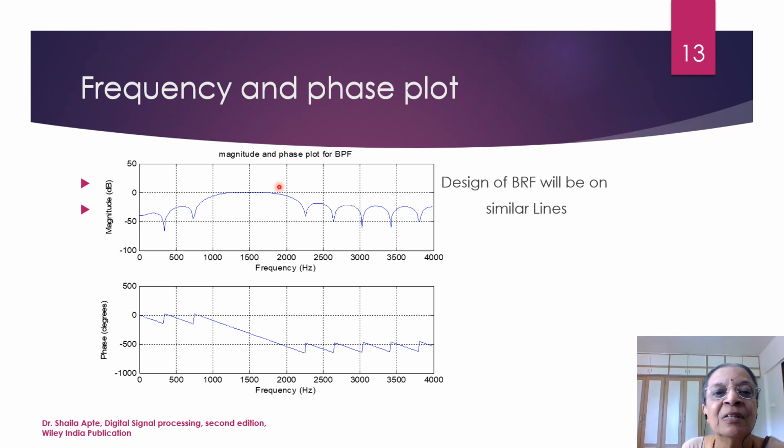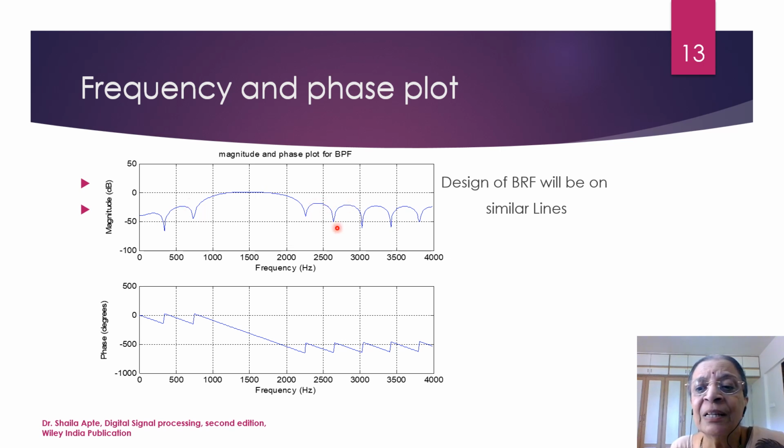And then the frequency plot: this is between 1000 to 2000, it is a pass band. So you get the linear phase, and above 2000 there is a stop band. But here, in the stop band, you can see that the attenuation is roughly about 25.